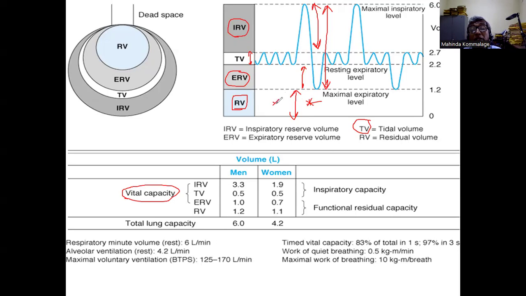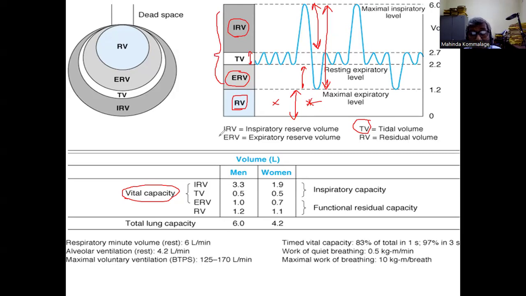So if I repeat again, we have tidal volume, this volume, and we have inspiratory reserve volume, we have expiratory reserve volume, and the collection of all these 3 volumes we can call a vital capacity.